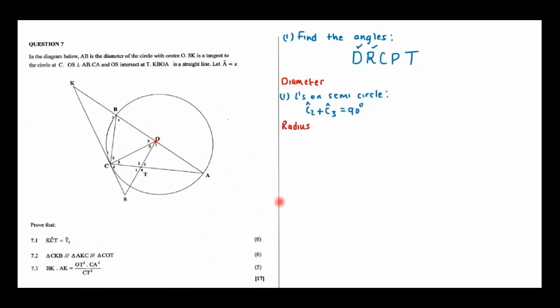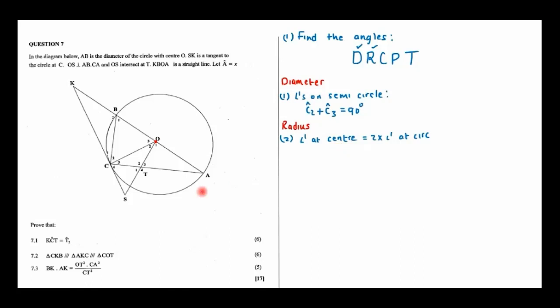All right. So what should come to your mind when you see the word radius? The thing that should come to your mind is the theorem that says angle at center is 2 times angle at circumference.